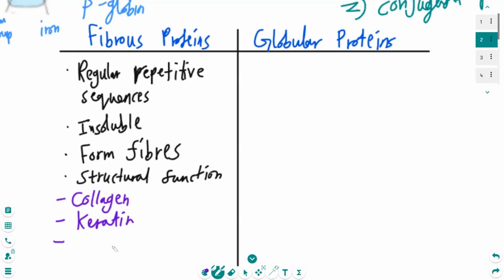And lastly, we have something called elastin. Elastin is a very extensible, very flexible protein because of the cross-linking and coiling within its structure. So it's strong and extensible. It's also found in our skin, and in the lungs to help them expand and contract.